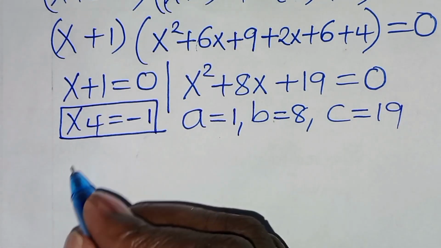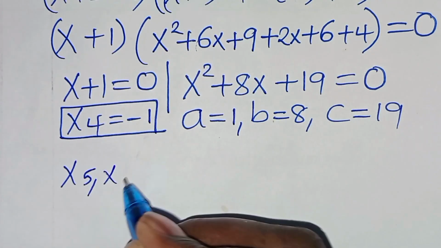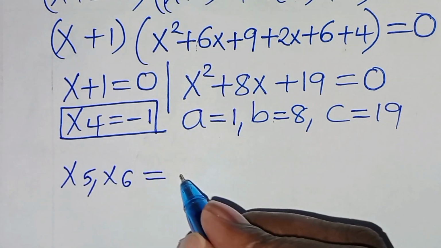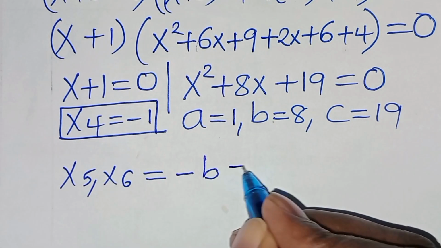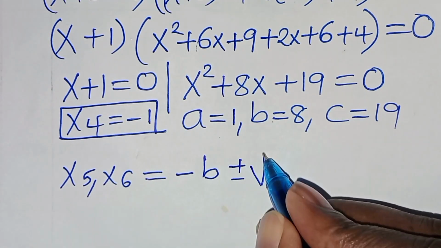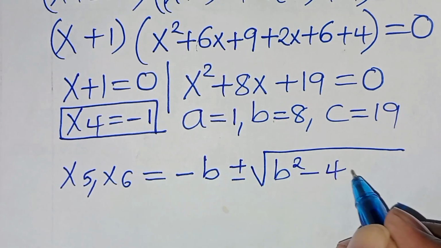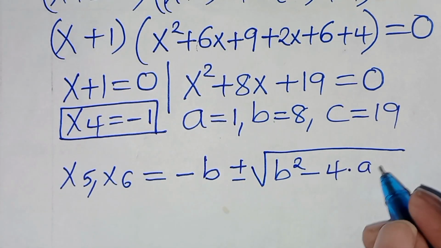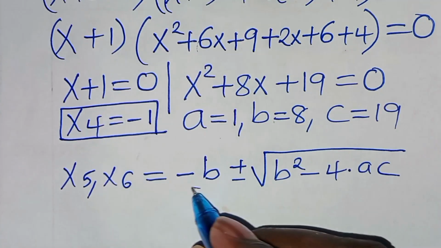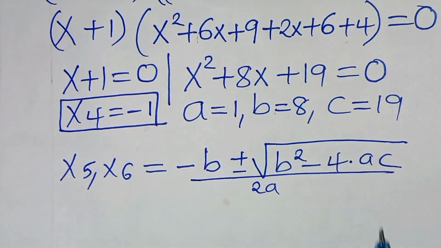So this implies that for x5, x6, we can apply the quadratic formula: minus b plus or minus the square root of b squared minus 4 times a times c, all divided by 2 times a.